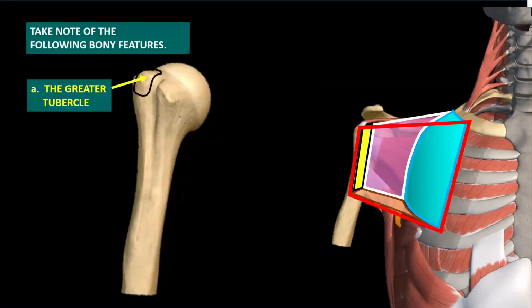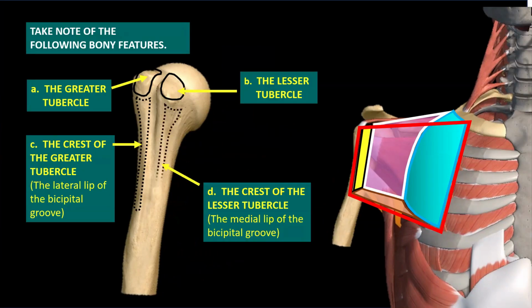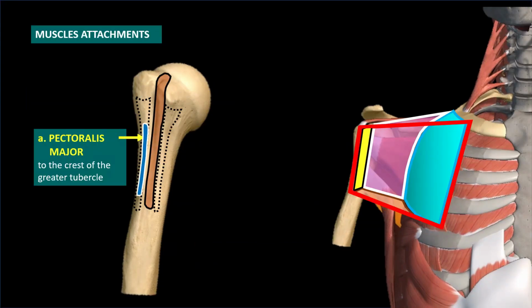Take note of the following features: the greater tubercle, the lesser tubercle, the crest of the greater tubercle, or the lateral lip of the bicipital groove, the crest of the lesser tubercle, or the medial lip of the bicipital groove, the intertubercular sulcus, or the bicipital groove.